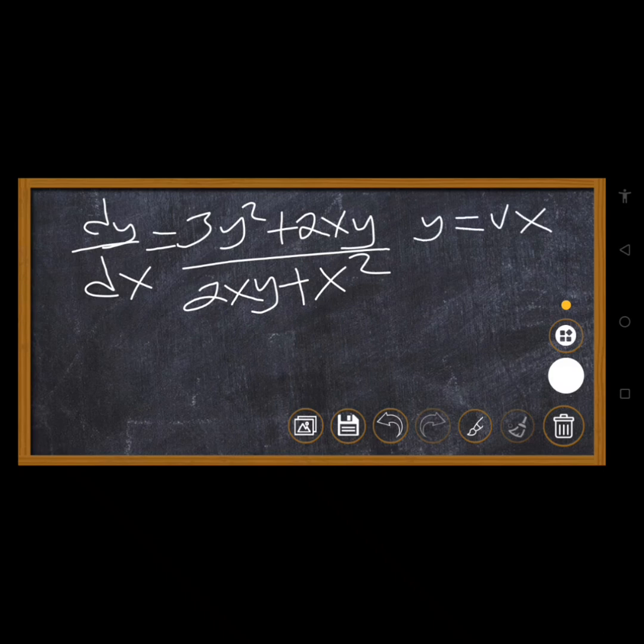Let's also differentiate this. Remember we had done this: dy over dx equals x dv over dx plus v.